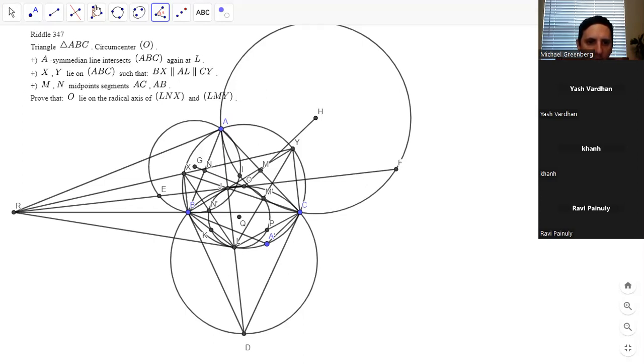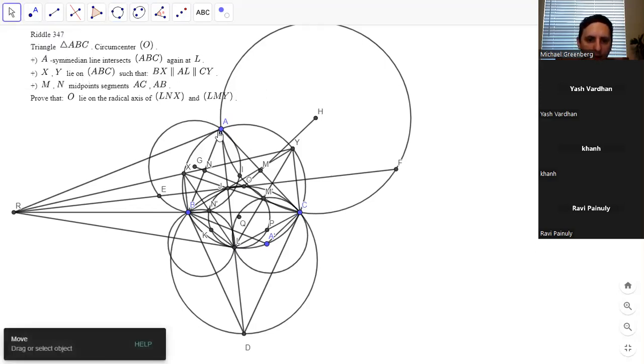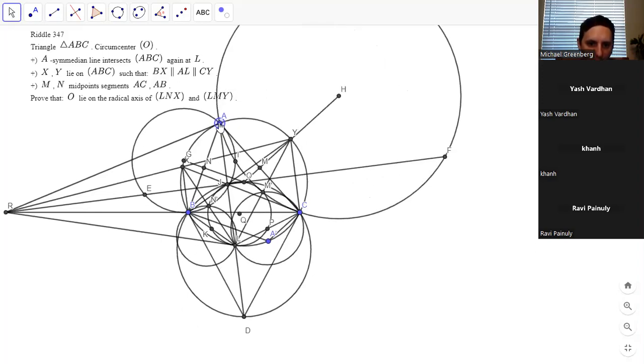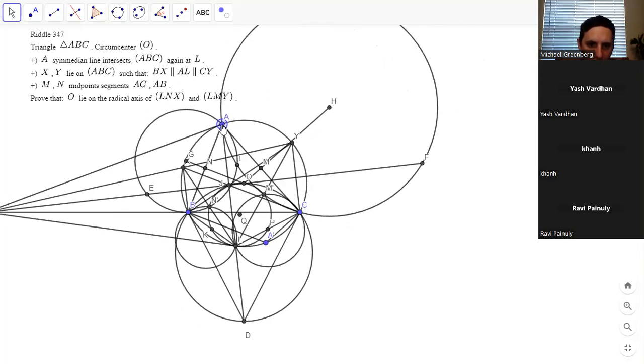That's interesting. These two circles look like they concur on the median. Let me check that, but it looks true.